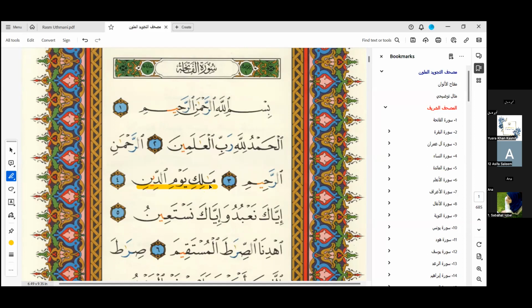This is how the word Maliki is written, but look how it is read.